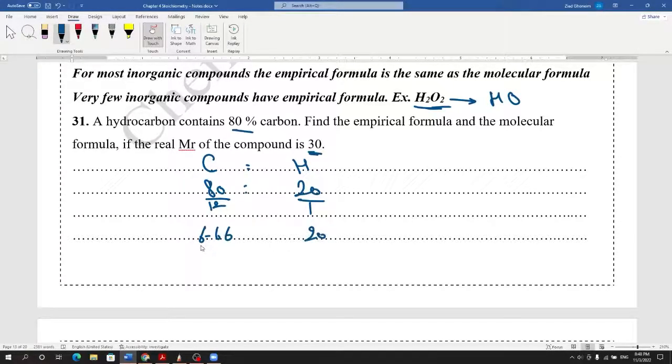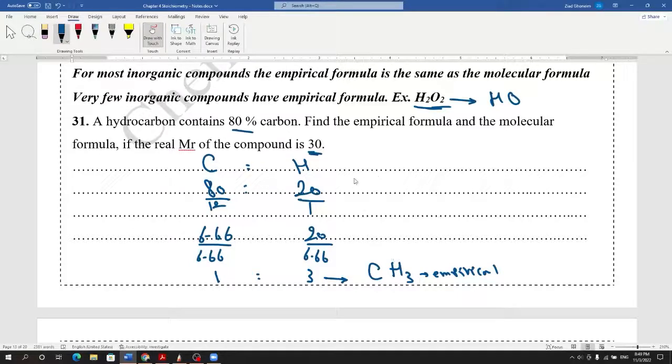Now we divide by the smallest number, that gives us 1:3. So the empirical formula is CH3. Now this is the empirical formula, right? Now let's get the molecular formula.